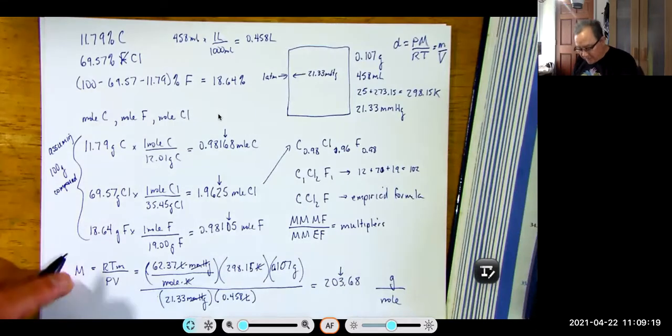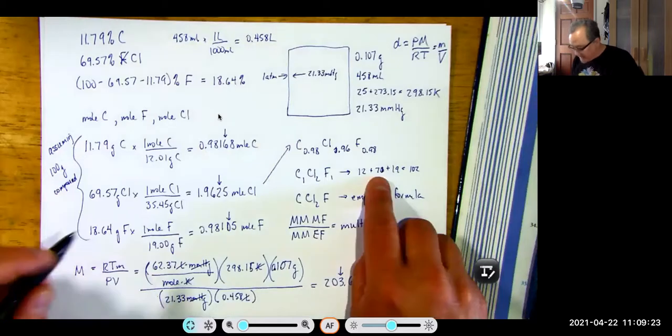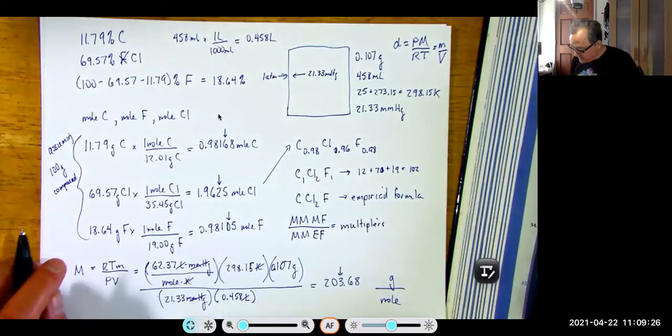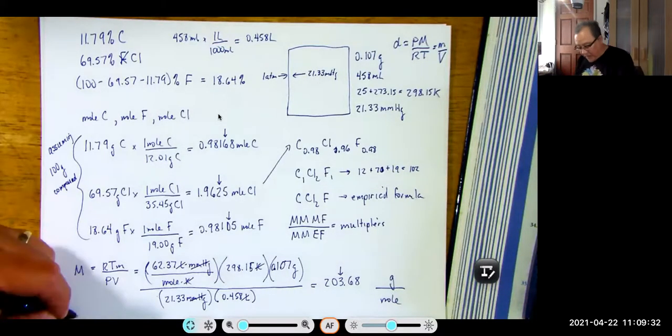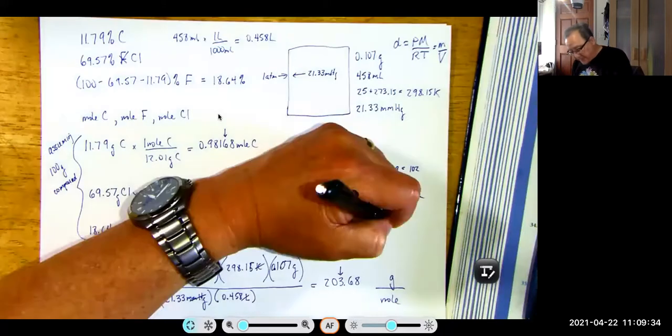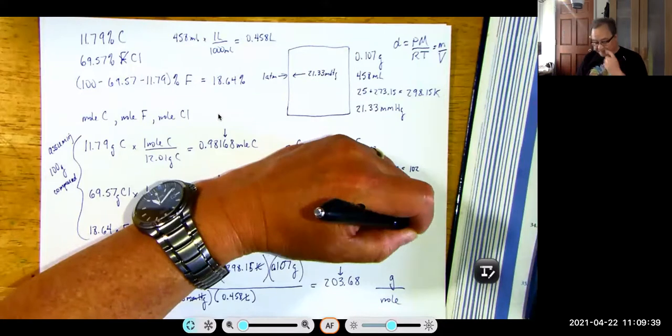So here, 12 plus 71 plus 19 is 102. So for the multiplier, we're going to get 204 divided by 102 is 2.